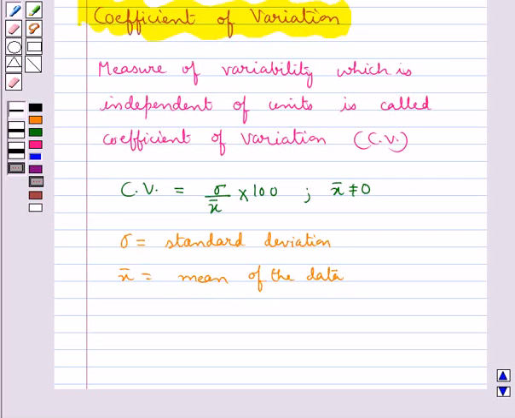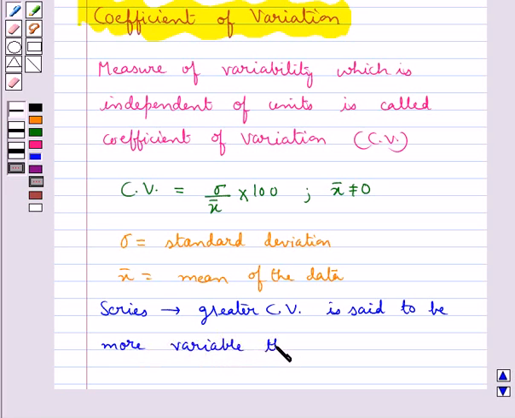For comparing the variability or dispersion of two series, we calculate the coefficient of variation for each series. And the series with greater CV, that is greater coefficient of variation, is said to be more variable than the other.